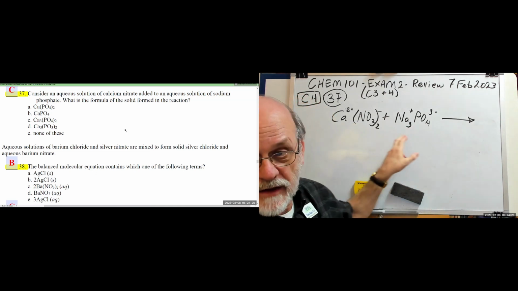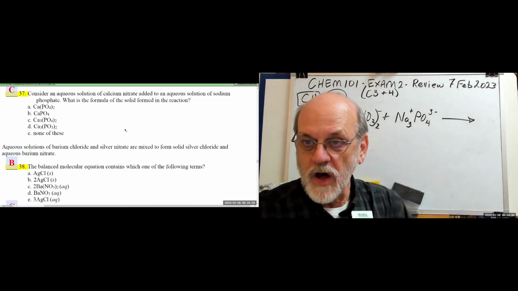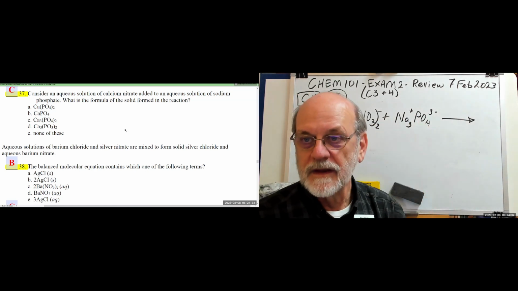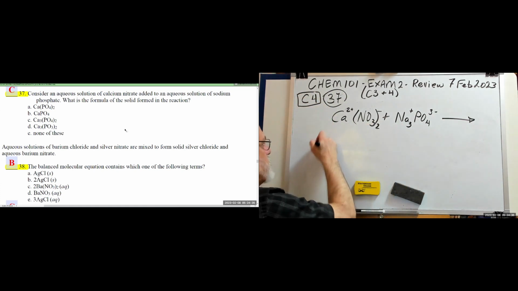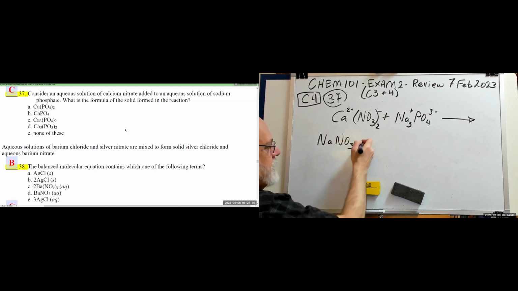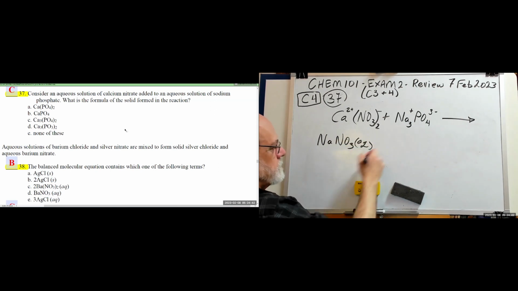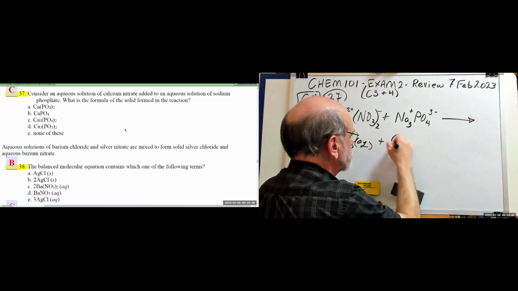You have calcium ions, sodium ions, nitrate ions, and phosphate ions all mixed together. So they have the opportunity for sodium to interact with nitrate. Okay? And that is soluble. And then you have calcium interacting with phosphate.